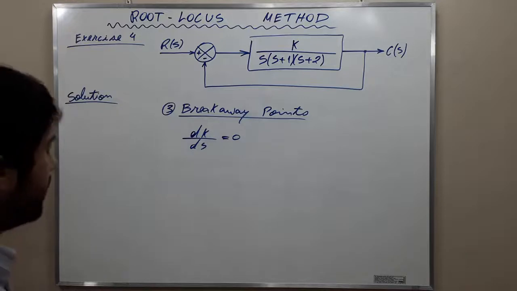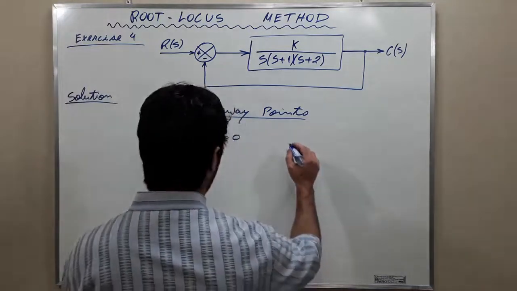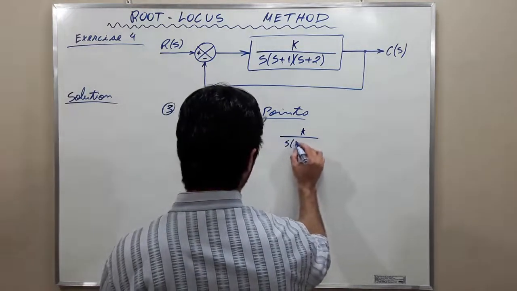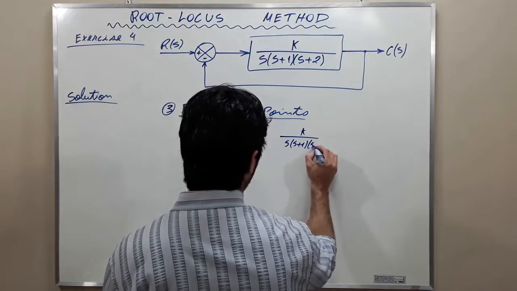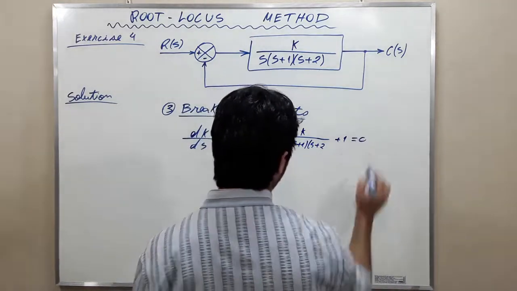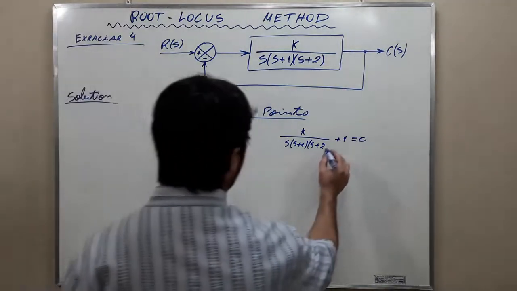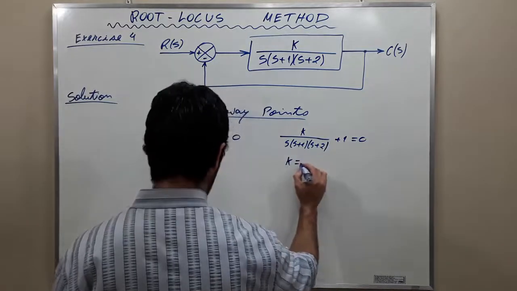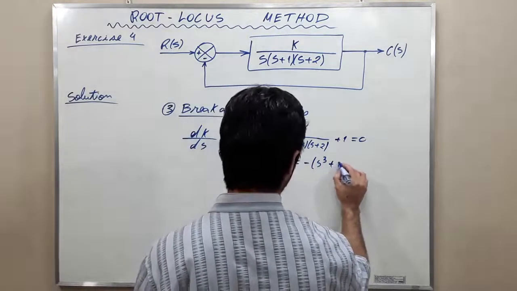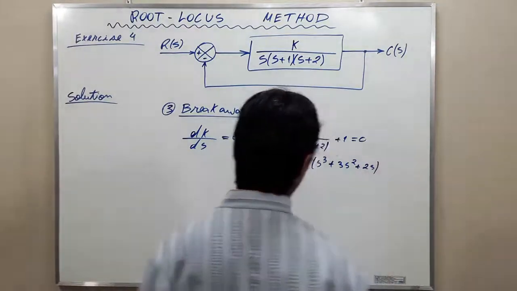In this exercise, the characteristic equation is given by k over s(s plus 1)(s plus 2) plus 1 equal to 0. And if we develop this, we get that k is equal to minus (s cubed plus 3s squared plus 2s).